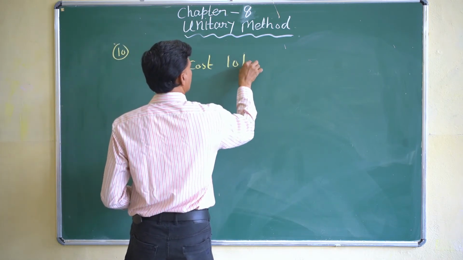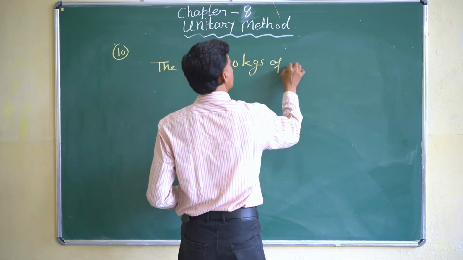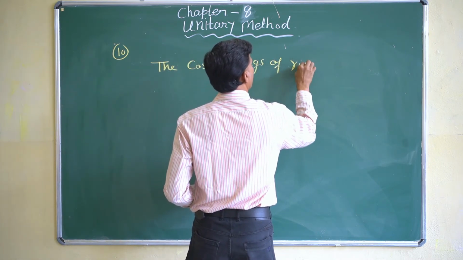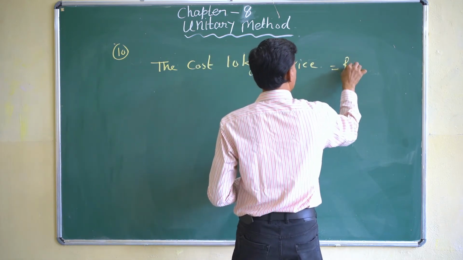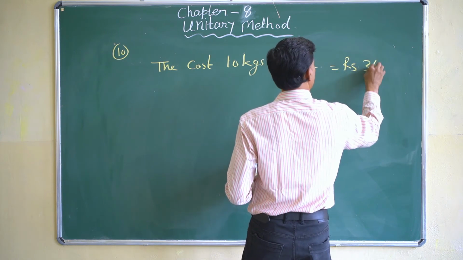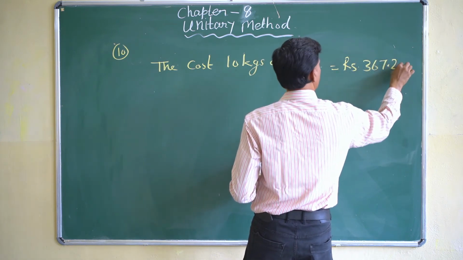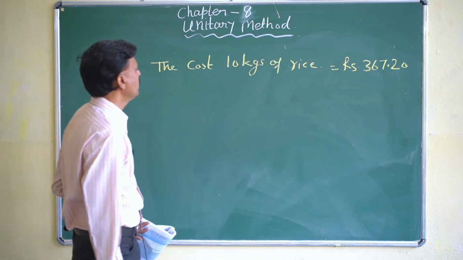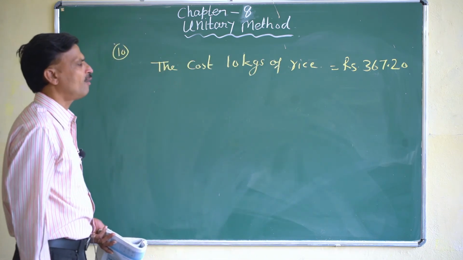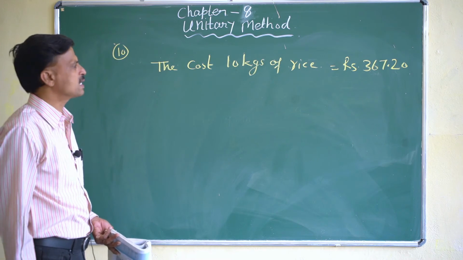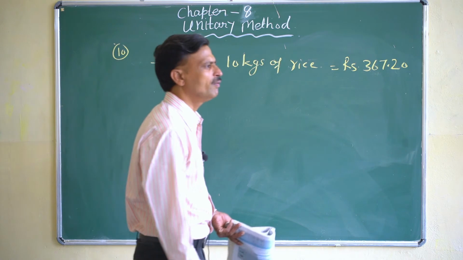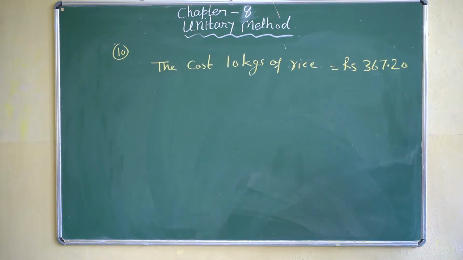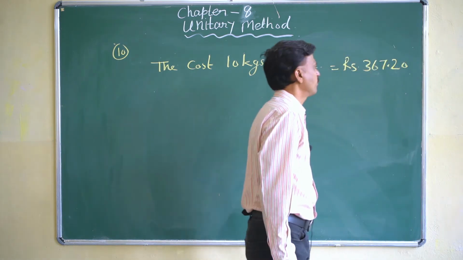The cost of 10 kgs of rice is given, that is rupees 367.20. We have to find out what will be the cost of 75 kgs of rice.